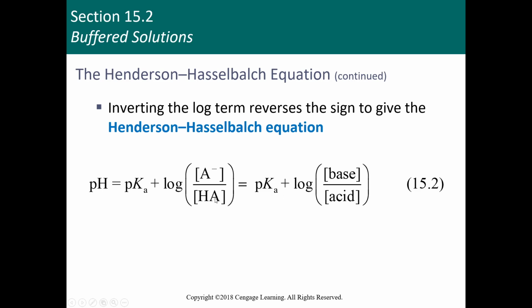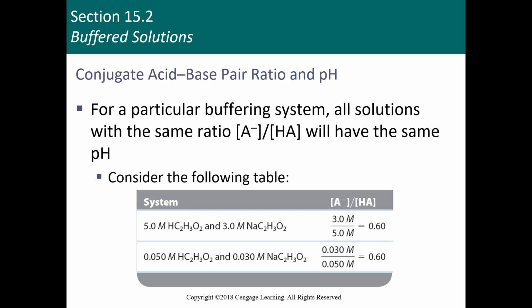Technically, this is actually the Henderson-Hasselbalch equation right here, which is pH equals pKa plus the log of the base over the acid. And again, remember that in equations we usually want to keep everything adding. We typically try to avoid minuses if we can.